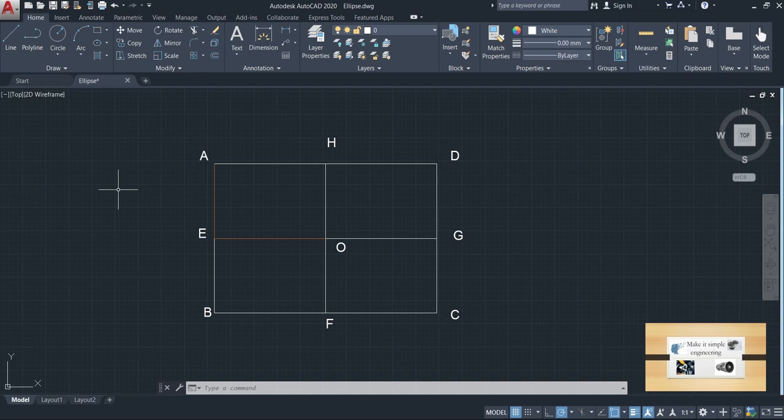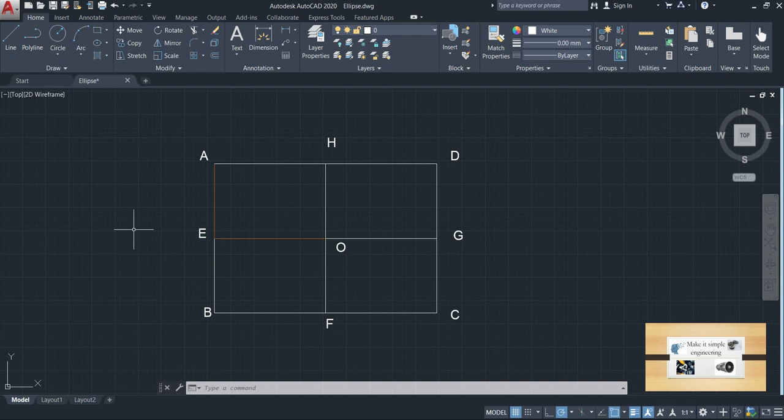After this step, we have the rectangle ABCD and the bisections EG and FH. EG bisects the breadth and FH bisects the length. Actually you can see here EG is the major axis and FH is the minor axis of the ellipse.